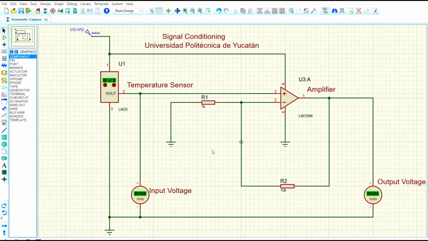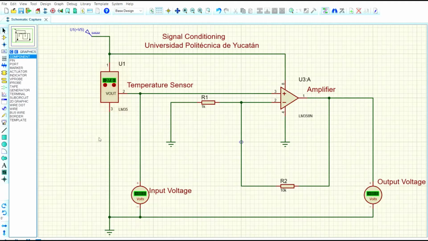So here we have a circuit that is basically showing us an example of signal conditioning using amplification. There are many types of conditioning your signal, but in this case we'll be using the amplification one. So what does that mean?